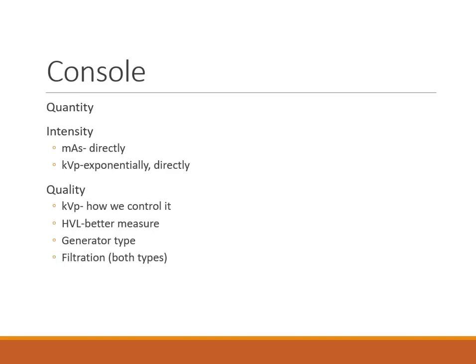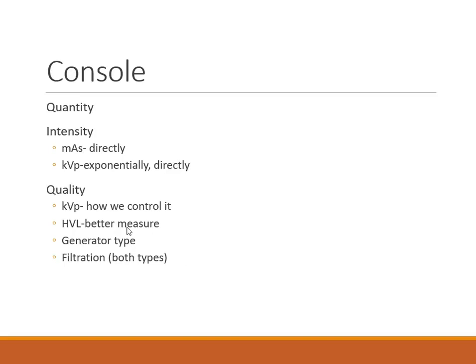You take that same millimeter of aluminum, put it in the other room, generate the same beam, and what you've got is not 50 but 75. Then what that means is you've got a more penetrating beam in the second room. Penetration is your quality. So if you have a more penetrating beam, even though the kVp and the mAs values are the same, what actually penetrated through were higher average energy X-ray photons. So in that way, half value layer is a better measure of quality than kVp is.